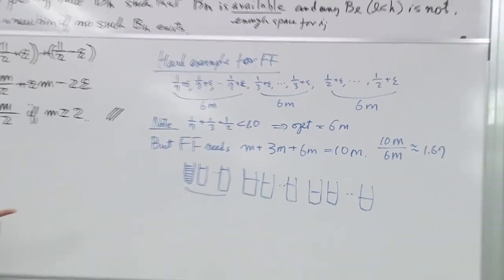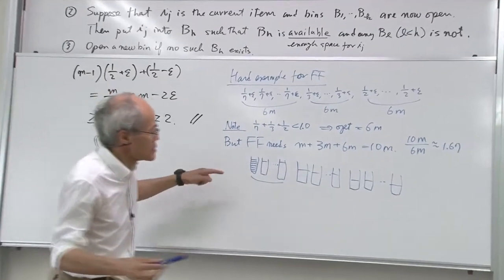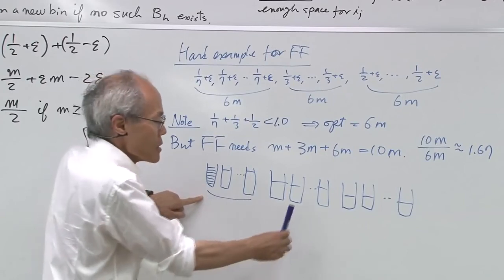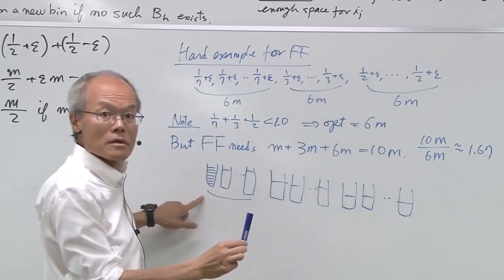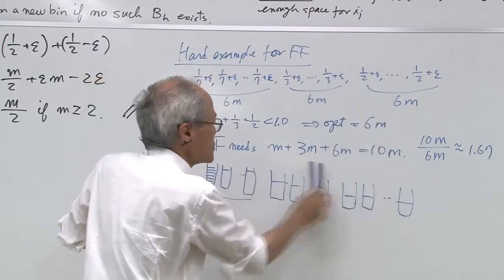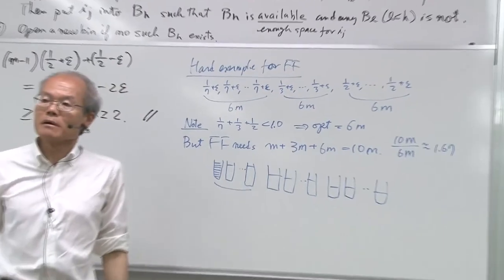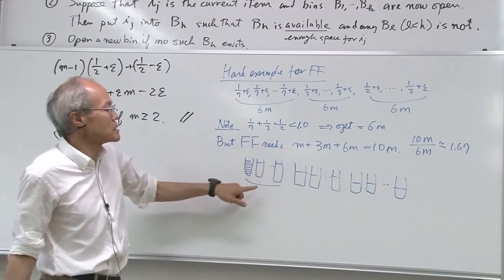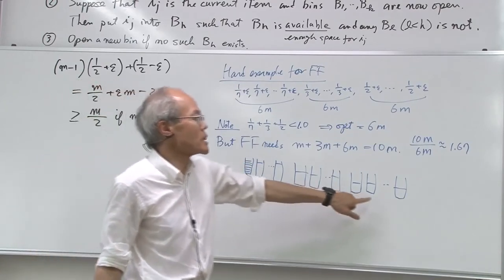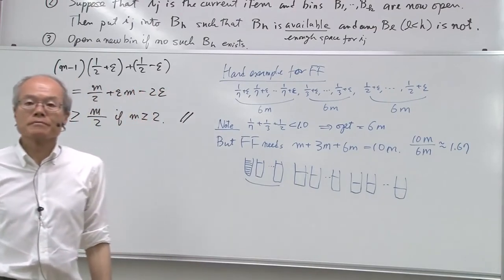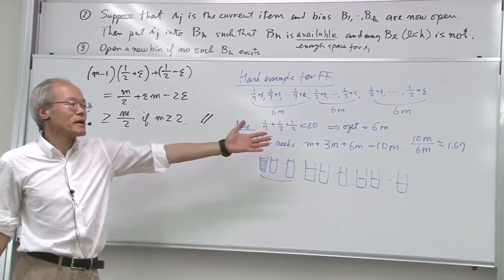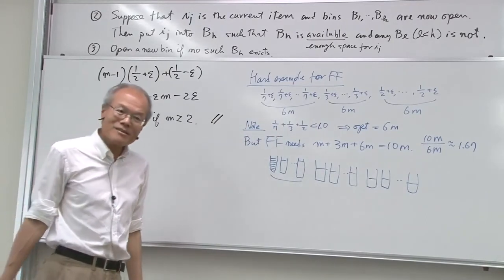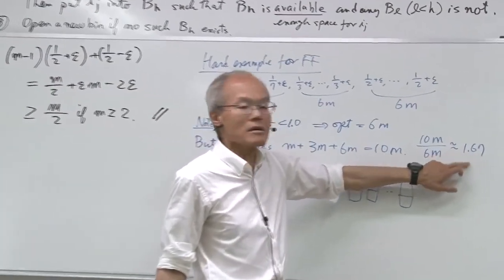But now we are doing first fit. That means we look at the bins from left to right, and for example after the second group is finished, we can't put this item into any of these bins, right? So that's why it needs m plus 3m plus 6m, which is equal to 10m. So the ratio over the optimal value is something like 1.67. Pretty bad. But just notice that it is still better than 2.0.